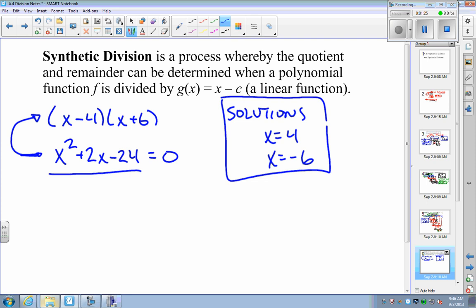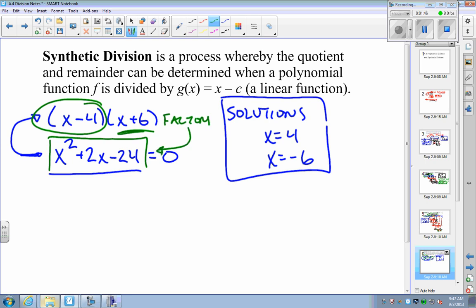Okay? So now, I would hope you would agree, if I took this right here and I did long division by x minus 4, I would get x plus 6 left over. Okay? So these two things right here are factors of this polynomial. They go in there evenly.